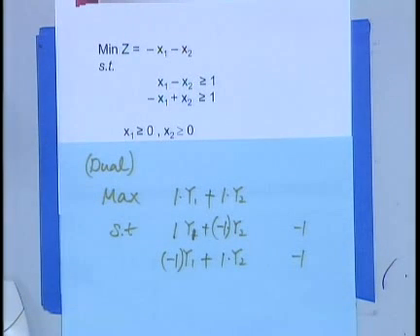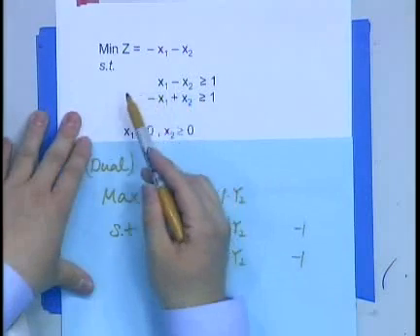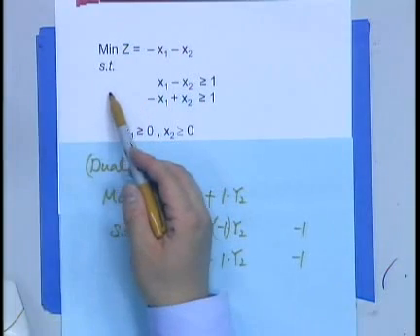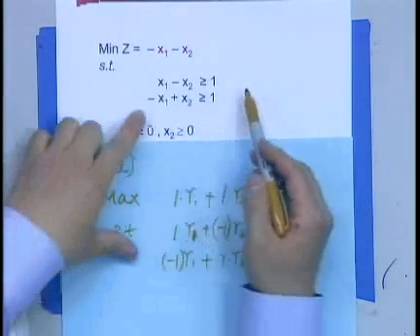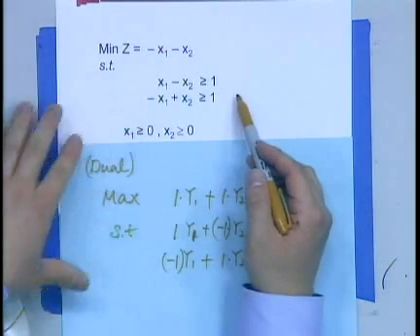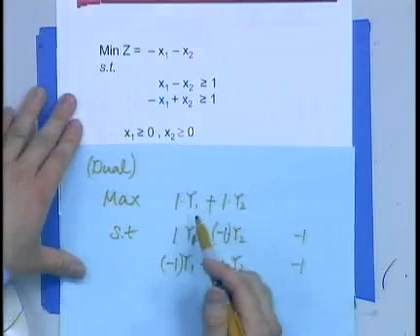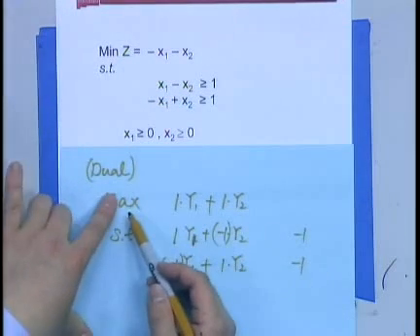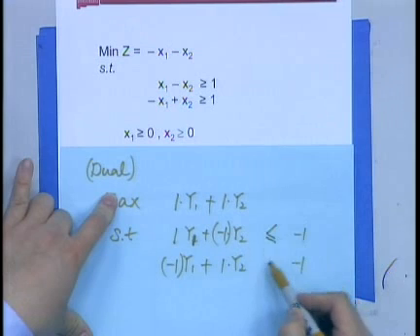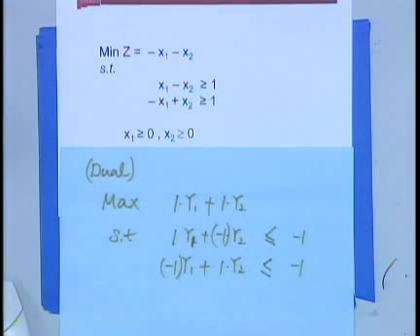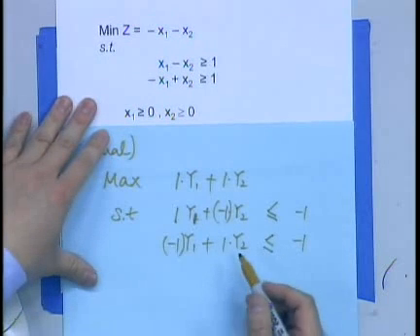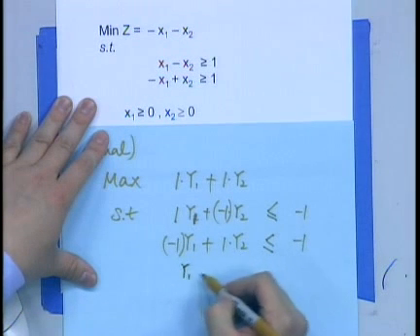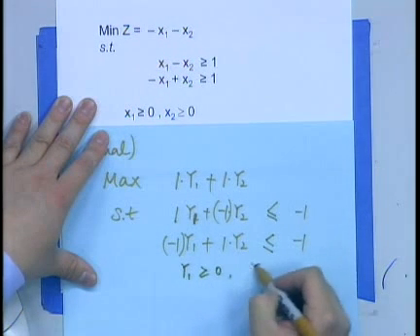And because this given LP, the primal problem, is in the form of the primal in the symmetric primal-dual pair, the dual problem must be a maximization problem with less than or equal constraints, and of course, we should have non-negativity restrictions.